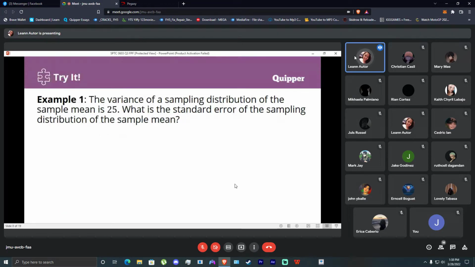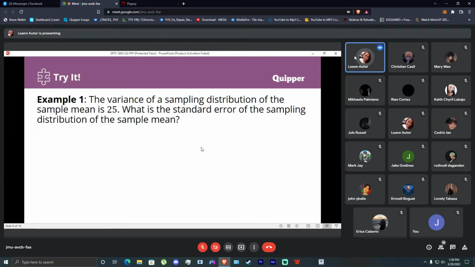The variance of a sampling distribution of the sample mean is 25. What is the standard error of the sampling distribution of the sample mean? In this problem, class, the standard error of the mean is also the standard deviation of the sampling distribution.